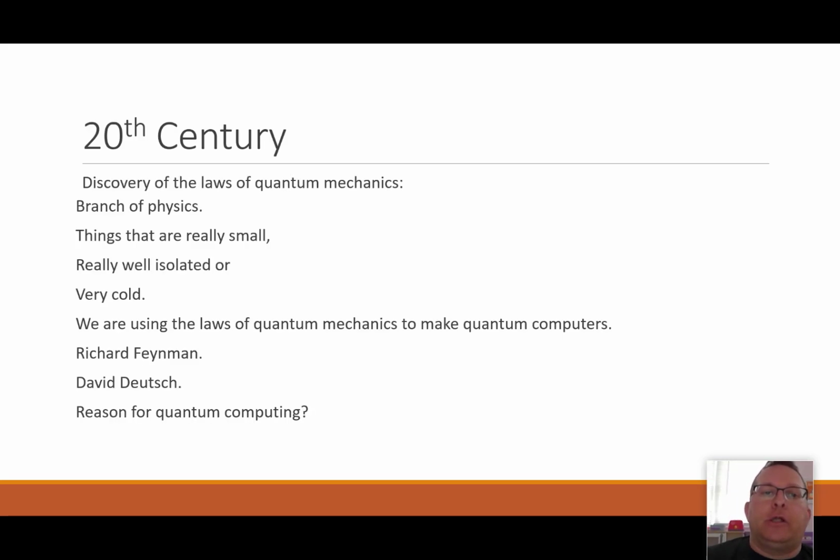So let's look at some of the history of how things unfolded with quantum computing. During the first half of the 20th century, physicists discovered the laws of quantum mechanics, which apply to things that are really small, really well isolated, or very cold.